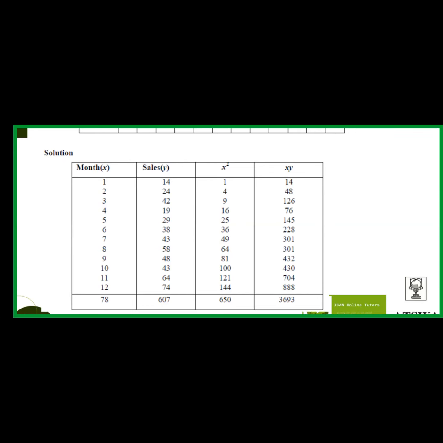6 times 38 is 228. 7 times 43? 301. 8 times 58? 464.